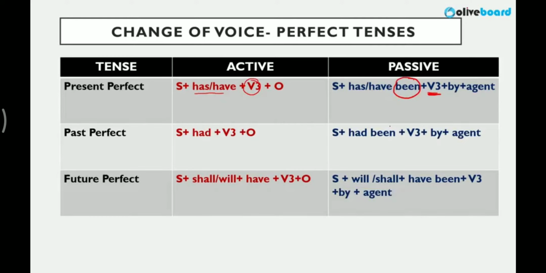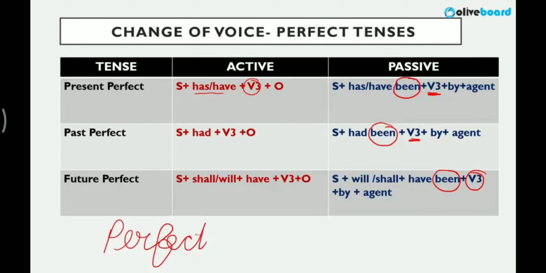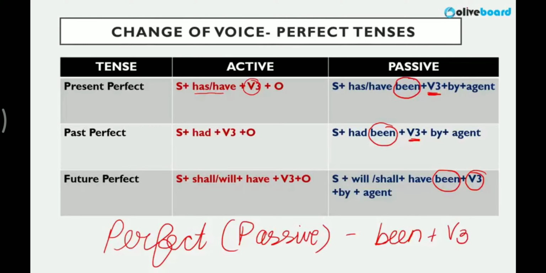For all perfect tenses, we use B double E N, been, plus V3. So basically, for all your perfect tenses in passive voice, please add been plus third form of verb, right? Let's see a present perfect example.